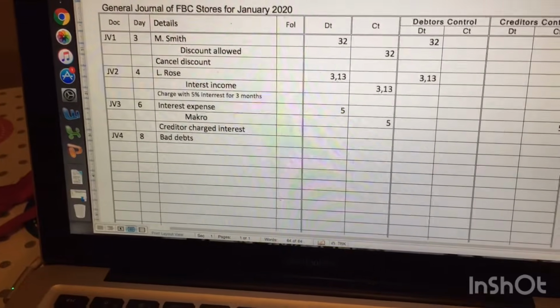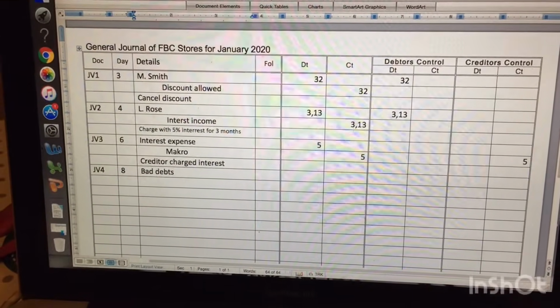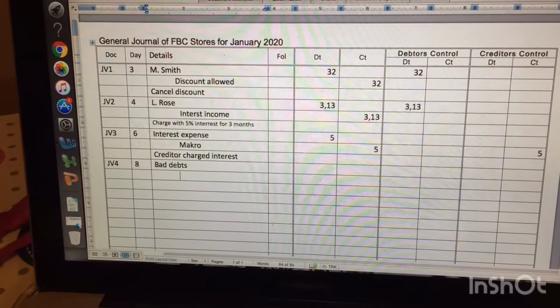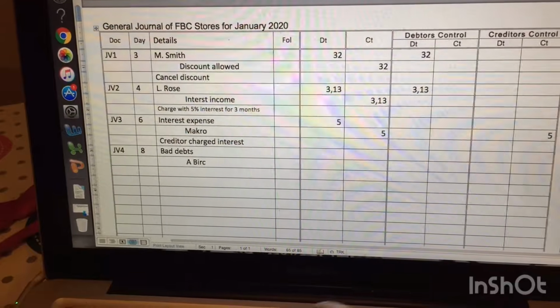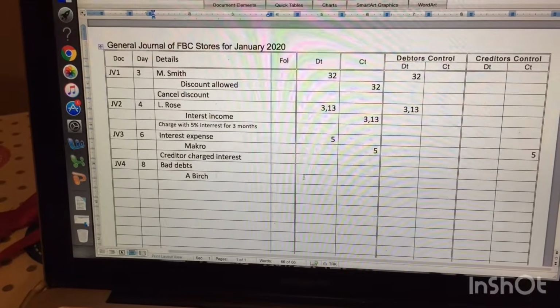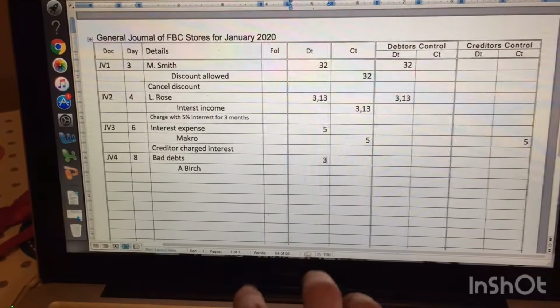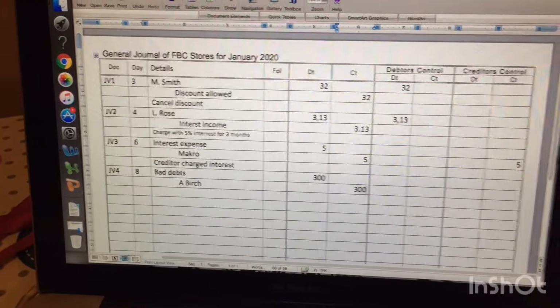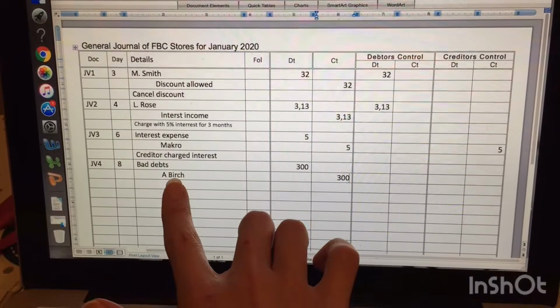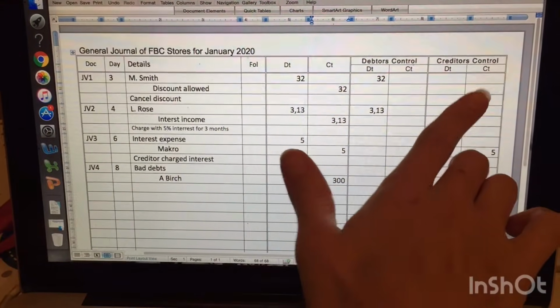Bad debts. And then again, remember when we credit something, we must leave a little space. The debtor's name is A. Birch, and then the amount is 300 Rand. Remember, I always write something in the debit and credit column over there. Because A. Birch is a person, I need to ask, is he a debtor or creditor?